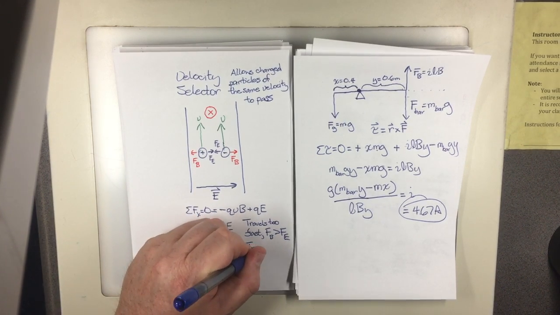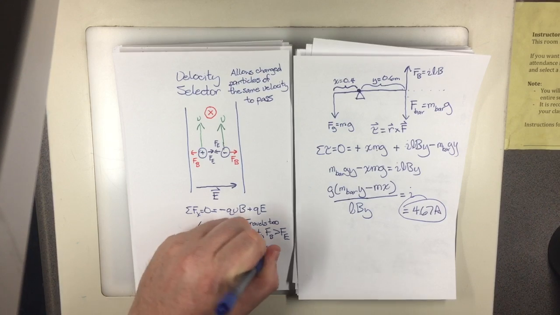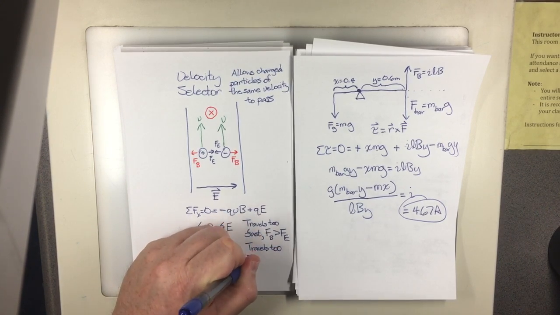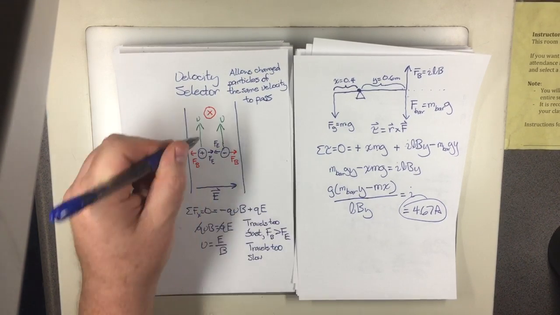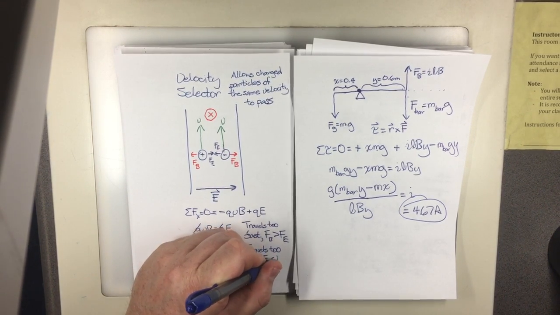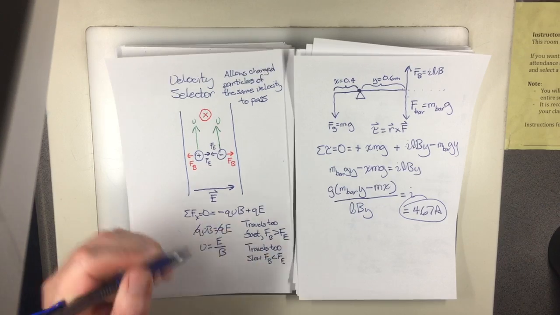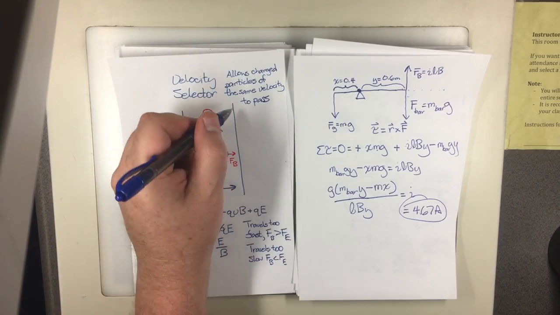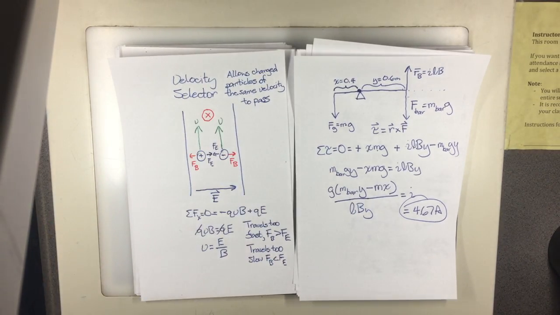If it travels too slow, the magnetic force is less than the electric force, and in this case the positive particle would slam up against that wall. So in the end, particles of only a specific velocity can pass through.